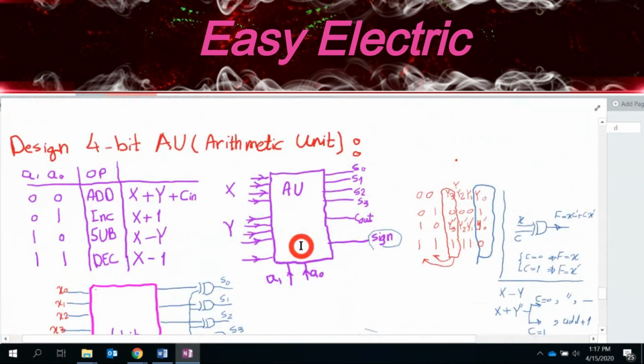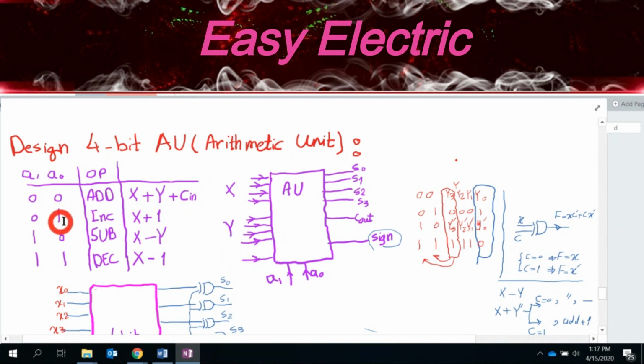Okay. So this is somehow a good example to use all the skills that you learned so far. So we design the arithmetic unit, which has two pins which tell which function this AU does. Whenever that is 0, 0, it adds x plus y plus c.